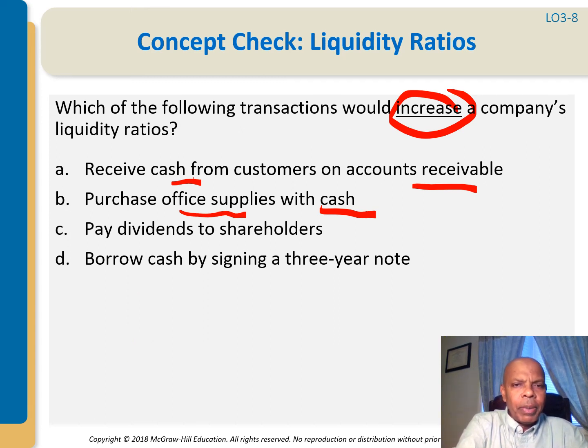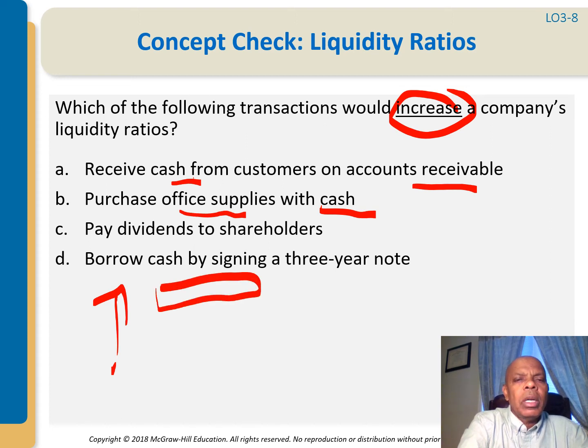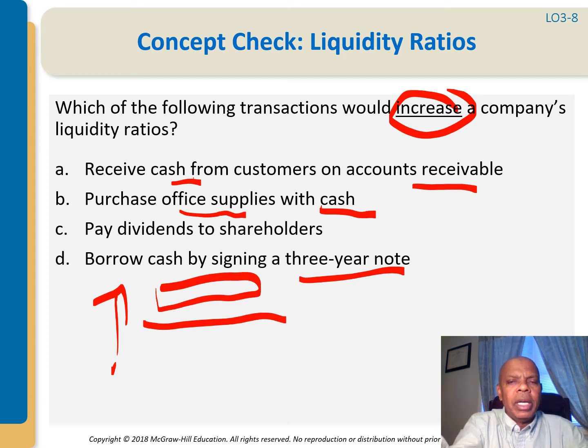Now what do you have here? Borrow cash by signing a 3-year note. When you borrow cash, you increase the cash amount, which means you increase current assets. But this is a 3-year note, so it's not a current liability.